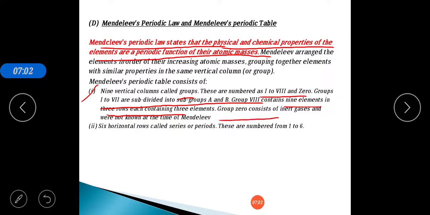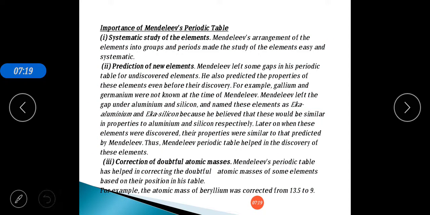Group 0 consists of inert gases and were not known at the time of Mendeleev. Second, horizontal rows called series or periods, numbered from 1 to 6.